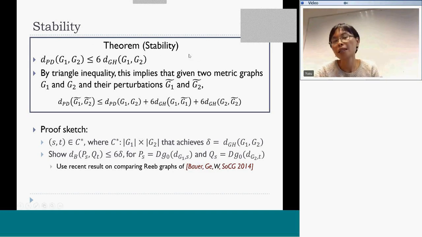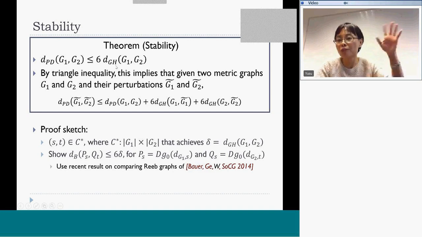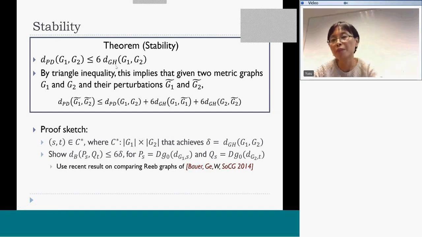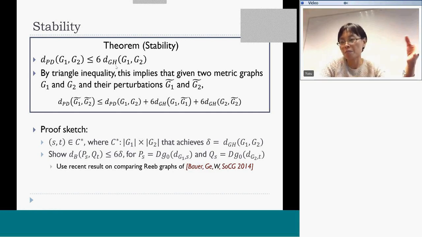We have the following stability theorem, which says that if two input graphs are not too far apart in Gromov-Hausdorff distance, the persistence-distortion distance also cannot be too far apart. Nearby graphs under isometry will be mapped to nearby image sets in the space of persistence diagrams.